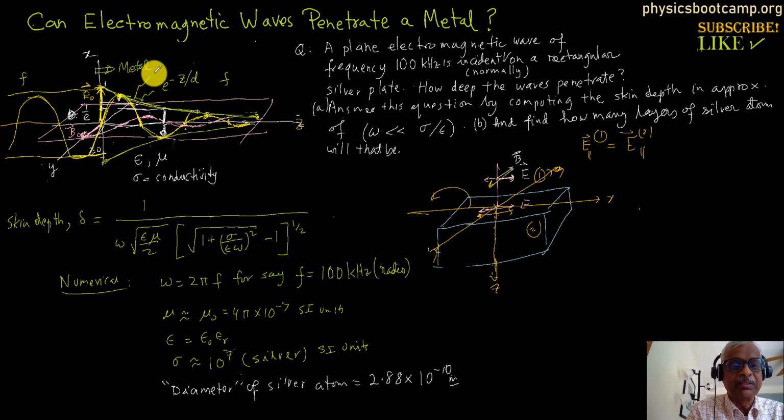The envelope goes as e to the power of minus z over delta, if this direction is z. Delta is the distance at which the amplitude goes from E0 down to E0 over e. It used to be amplitude E0 at z equal to 0, but it's 1 over e less than that.